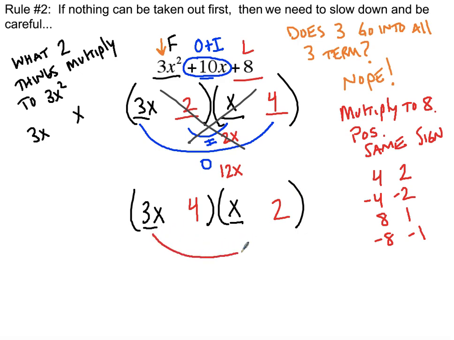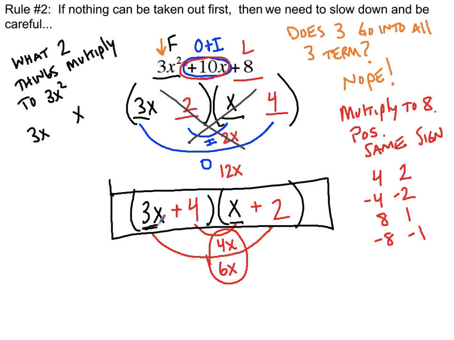So I'm going to check my outsides. 3x times 2 is 6x. Check the insides. 4 times x is 4x. Those add up to 10x, which is what they were supposed to add up to. So, and that was a positive 4 and a positive 2, so I'm going to put my plus signs. That is the final answer.